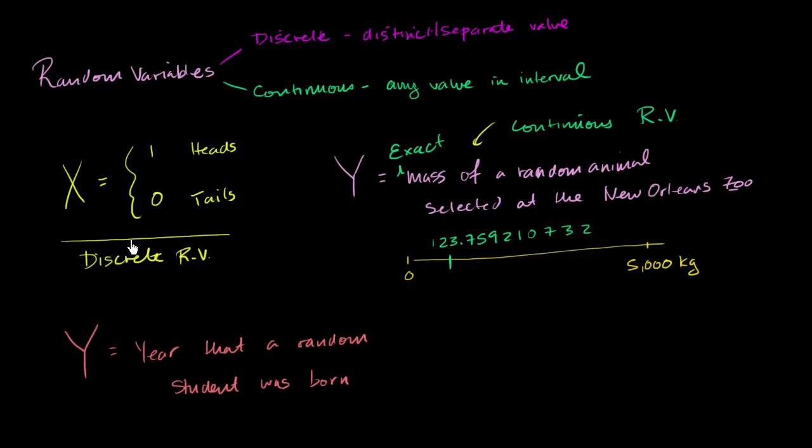It could be 1992, or it could be 1985, or it could be 2000 or 2001. They are discrete values that this random variable can actually take on. It won't be able to take on any value between, say, 2000 and 2001. It'll either be 2000, or 2001, or 2002. Once again, you can count the values it can take on.